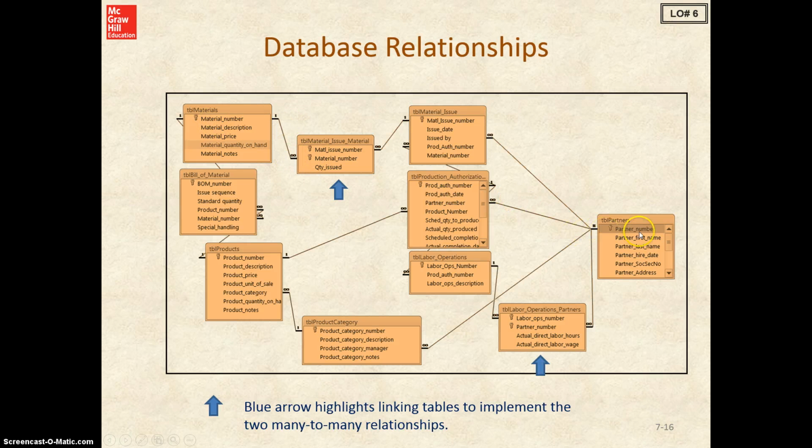We can also see here that this partner number links to a few different tables. Here in the material issue table, it's called issue by, and we would use the partner number there. Here in the labor operations partners, we have it here. In the product category manager, we have it here. So it's called a few different things, but it's the same field in different tables.